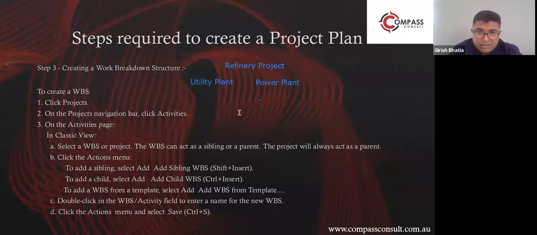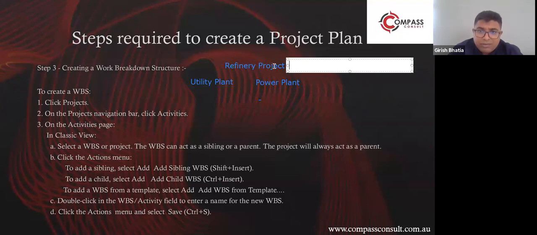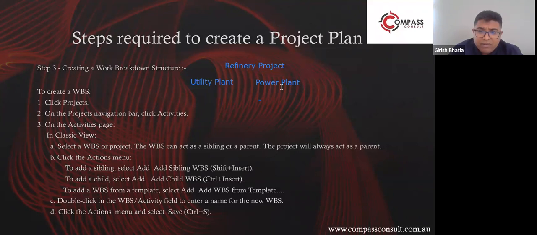These are the hearts of any refinery. Now, these are going to be the WBSs. Refinery project is a project. Utility plant is a WBS, power plant is a WBS. Within power plant, there would be civil.